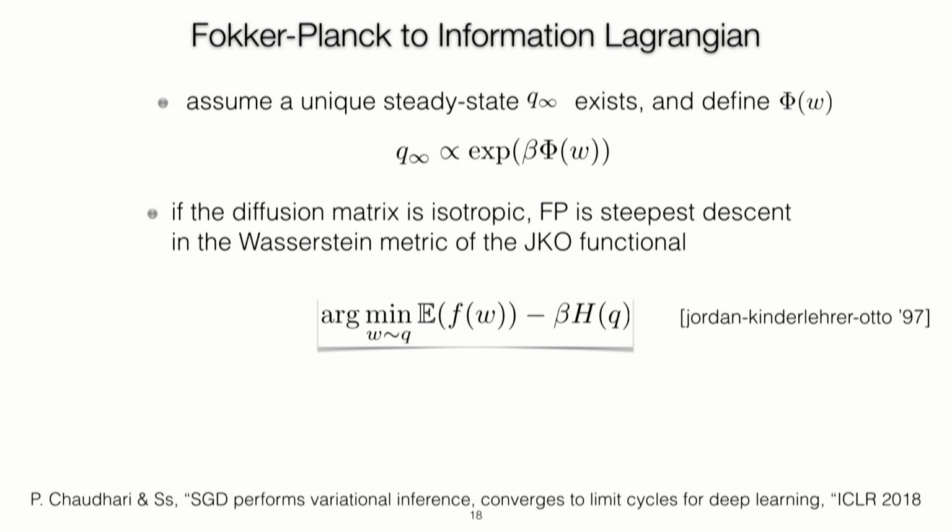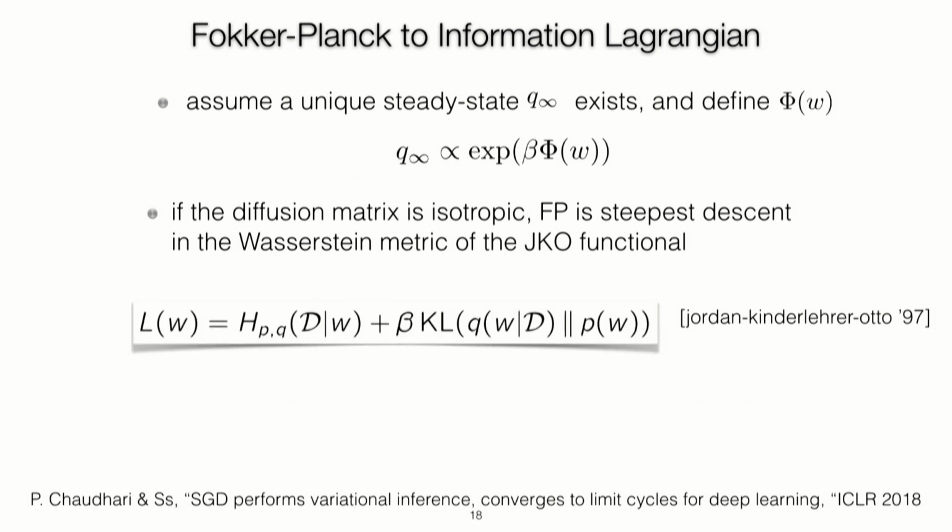And the JKO functional is the empirical loss you started with, which is unsurprising, but there's also this added entropic term that says that in order to find the correct solution, you actually want to add noise to decrease information, and this entropic term is precisely the information in the weights. Okay? So even though it's not there when you write your script for SGD, SGD puts it there for you, okay? Which is yet another magic of these deep networks.